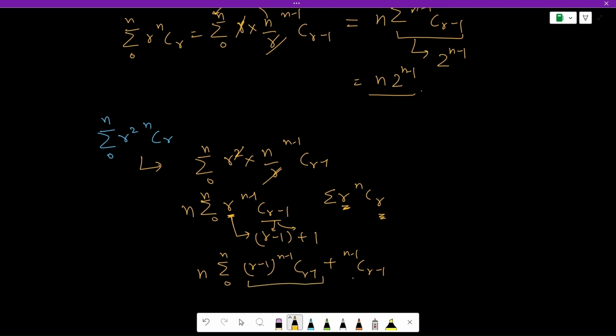Now this is a result and this is also a result, hence we get n into 2 to the power n minus 1 into n minus 1 plus 2 to the power n minus 1.